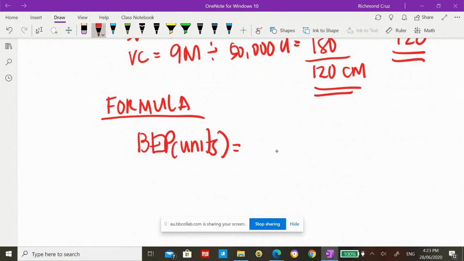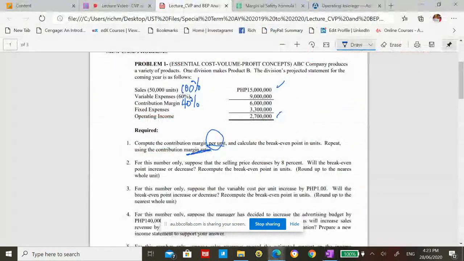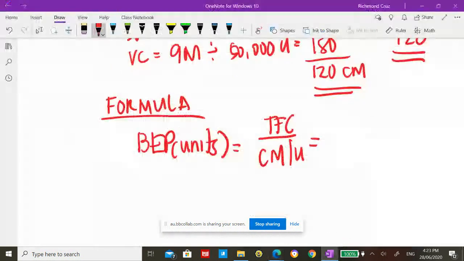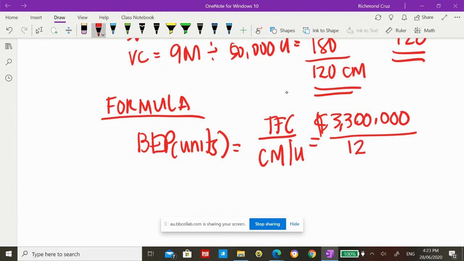And this is the total fixed cost. I-divide ko lang ng CM per unit natin. The total fixed cost or fixed expenses is 3,300,000. Di-divide ko lang siya ng CM per unit. Remember, this is dollar, so this is 120, dollar also, so makakancel yung dollar sign.